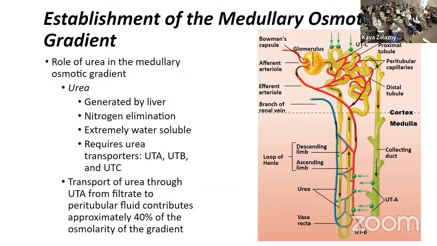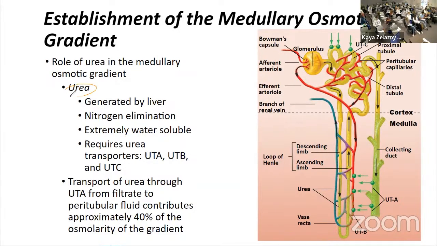So urea, like urine, right? We're making urine, has urea in it, okay? Urea. This is made by the liver, and its purpose is to eliminate nitrogen in your body. So you are filtering urea out of your blood, came from the liver.